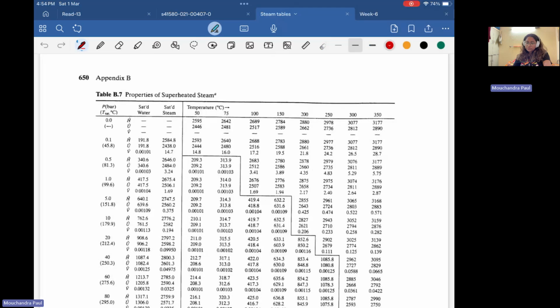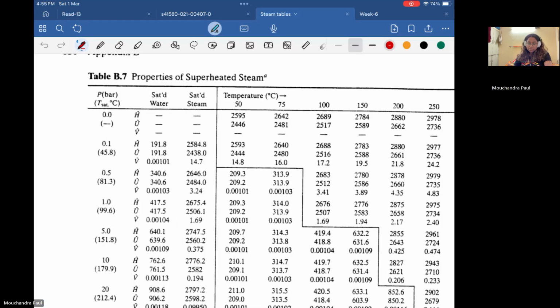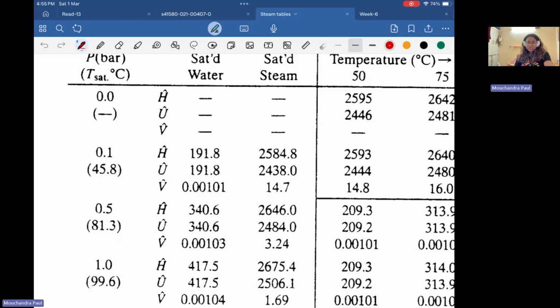Now you can also find properties of superheated steam. Okay, and this is different from the previous tables. You'll see the first column is your pressure, and in brackets there is a temperature written, which is the saturated temperature, also called the dew point in degrees Celsius. And for each particular pressure with respective dew point, you are given specific enthalpy, specific internal energy, specific volume.